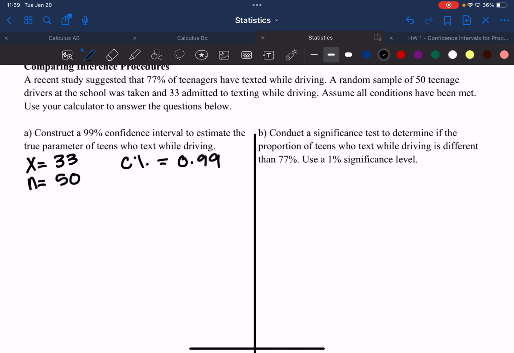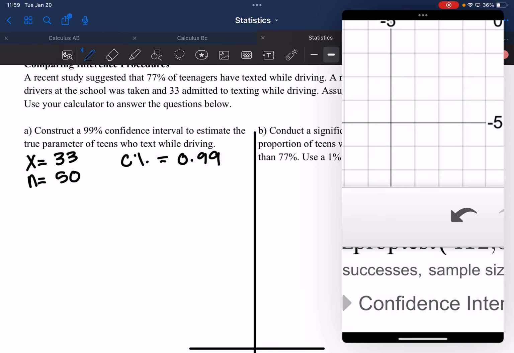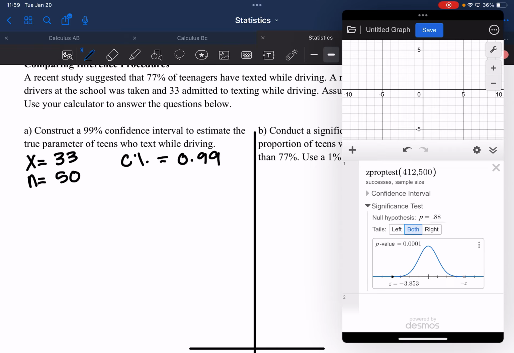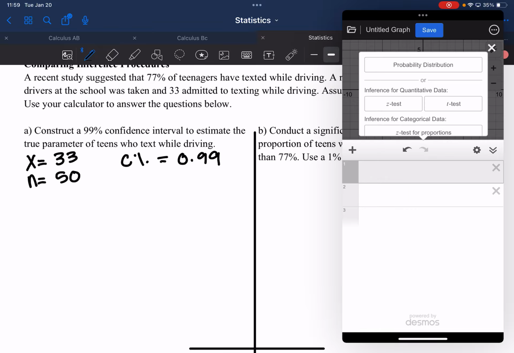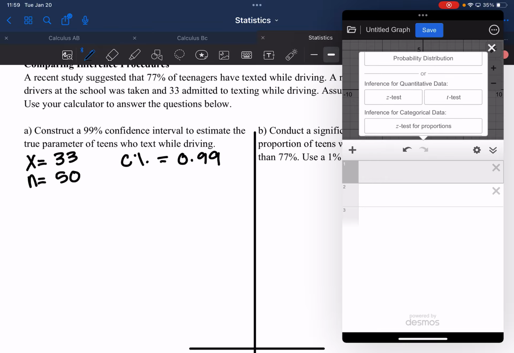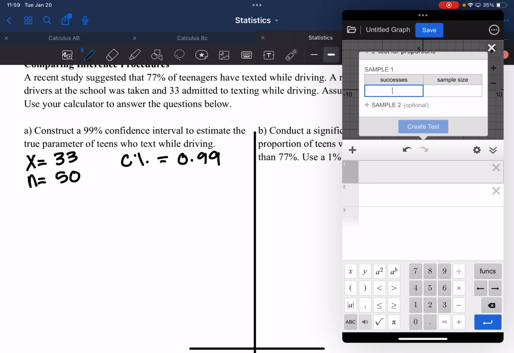In order to solve this, at this point we need to go to Desmos. Remember, we go to inference, and then what are we clicking? Z-test for proportions.